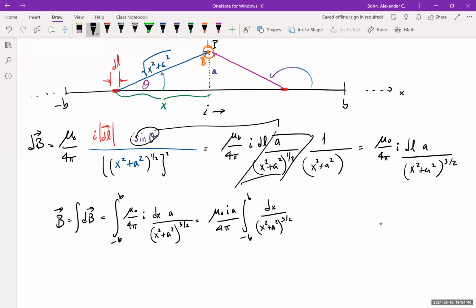Suppose I skip that part and write what we know the answer to be. Because the trig substitution gave us some trouble last time.